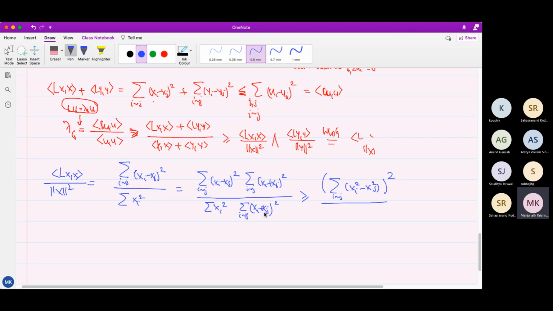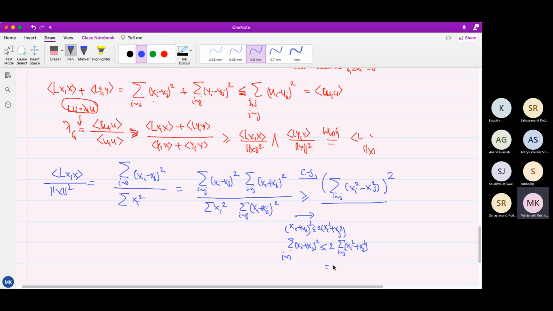And then below, we have the summation of xi plus xj squared. Here we use that xi plus xj square is less than or equal to 2 times xi square plus xj square. So if you sum over all i adjacent to j, or all edges, the 2 comes out, and you sum xi square plus xj square.